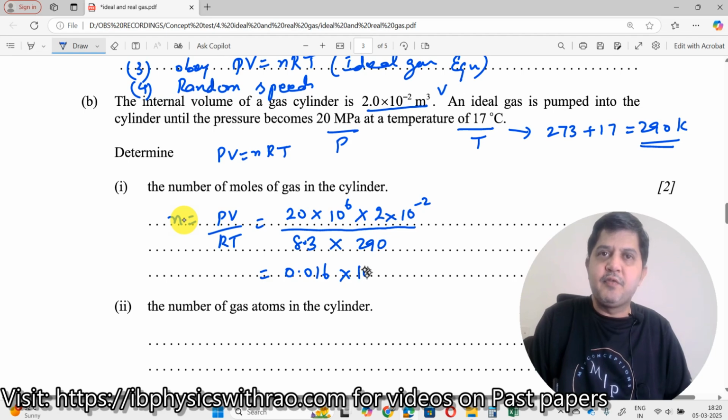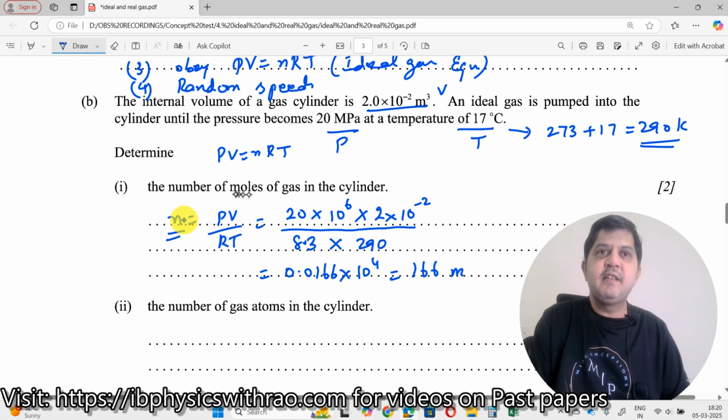This becomes 10 power 4. So now how much can we write this here? 166 you got, right? What is this? n. n is number of moles. 166 moles, or you should get an answer nearly 170 moles if I round it up.